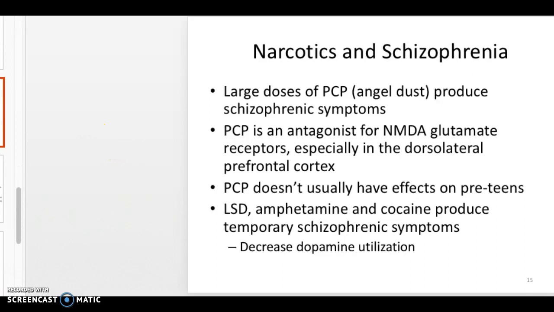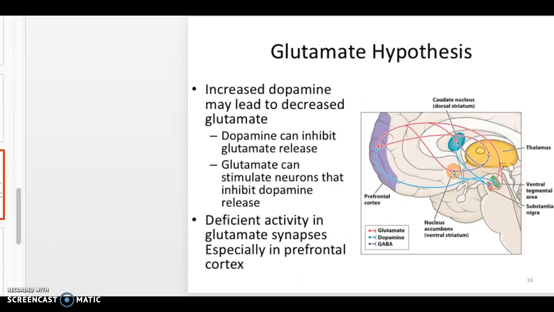The third hypothesis about what causes schizophrenia is that it's not the dopamine itself, but the glutamate. We know the dopamine is definitely involved in schizophrenia, but that's more of a secondary effect. Increased dopamine can lead to decreased glutamate, and the glutamate we know is really important in long-term potentiation and other aspects of neural development, changing over time and neuroplasticity.